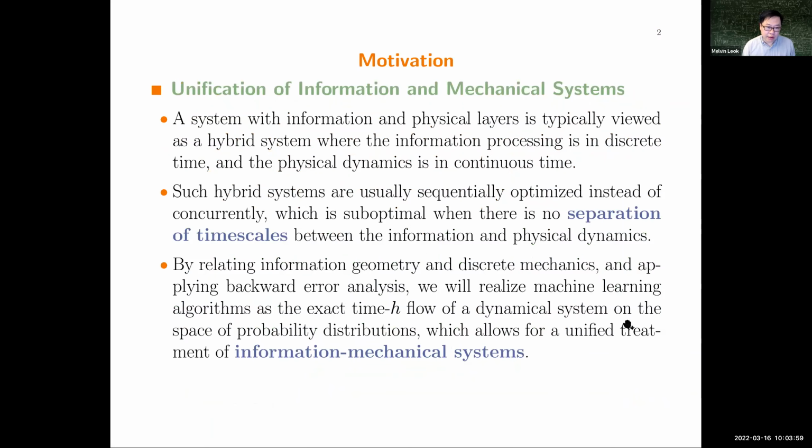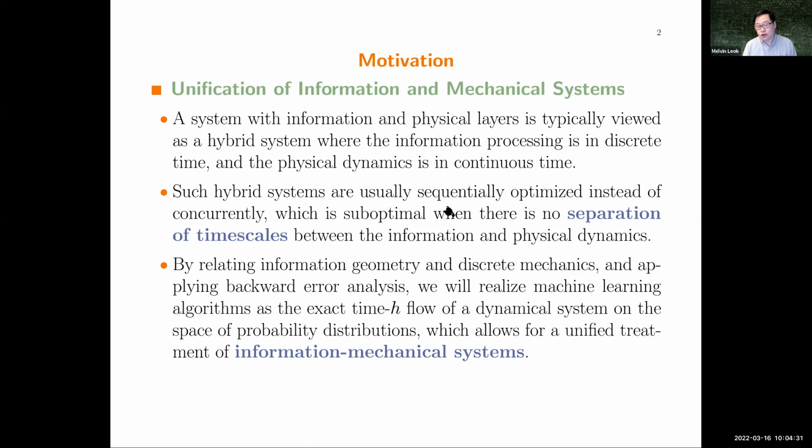So let me go right ahead and give you some motivation for why one might be interested in this. I'm particularly interested in a situation where you have a system which has both information and physical layers. When one studies these kinds of problems, the tendency is to view this as a layered or hybrid system where the information processing is done in some sort of discrete time setting, and then the physical dynamics is described in continuous time.